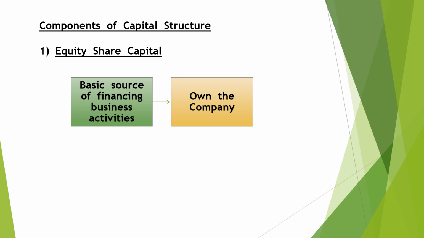When we speak about ownership capital, definitely some risk is associated with the business activities, and accordingly, equity share capital has to bear the ultimate risk, which means that the ultimate risk related to any business organization has to be borne by the equity shareholders.